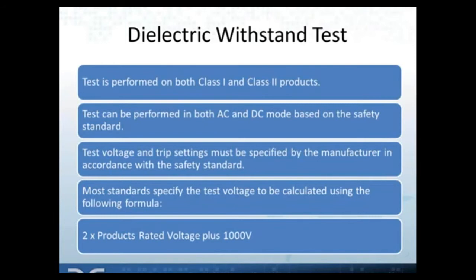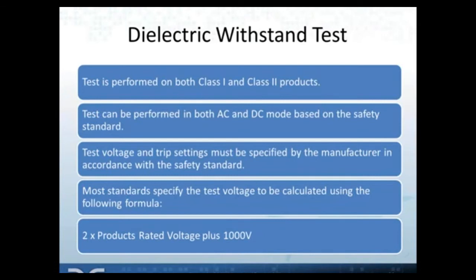Most safety standards specify the test voltage to be calculated using the following formula, which is 2 times the product's rated voltage plus 1,000 volts. So for example, if your product is rated at 120 volts, your hipot test voltage would be 2 times 120, which is 240, plus 1,000, so 1,240 volts.